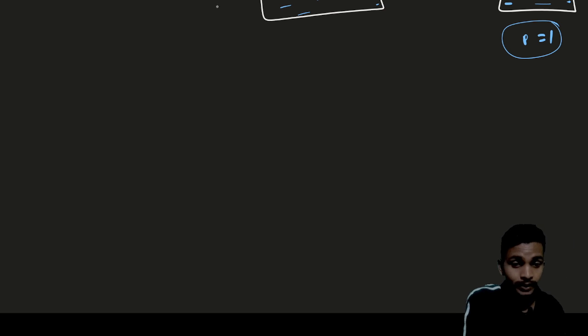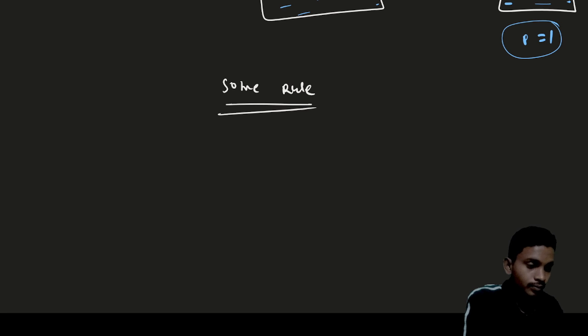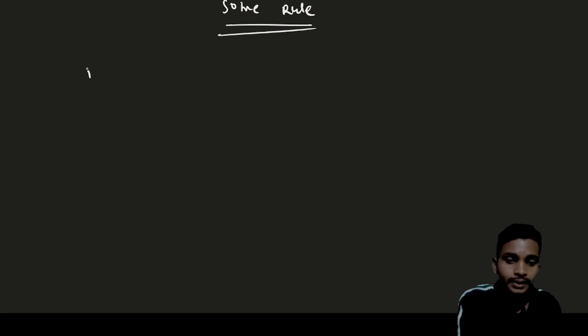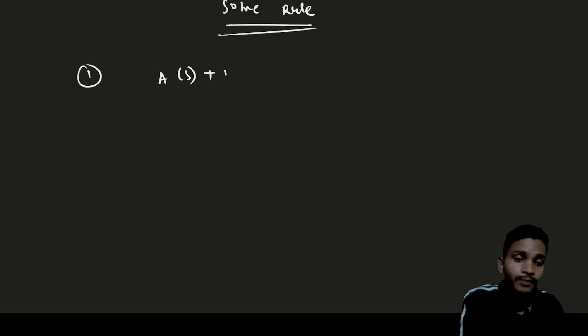like how to distinguish the phase. Some rules are there. Let's say we have an object A that is solid, another B that is also solid, and C that is also solid.